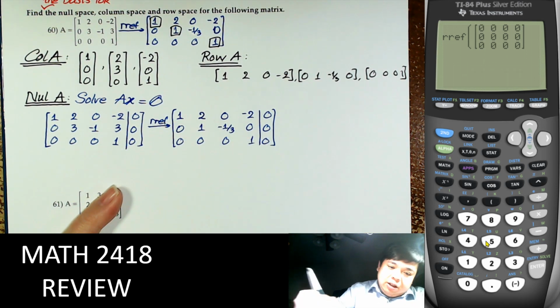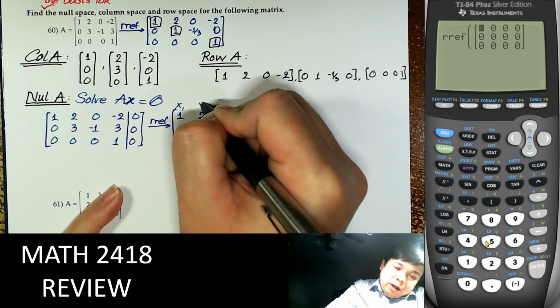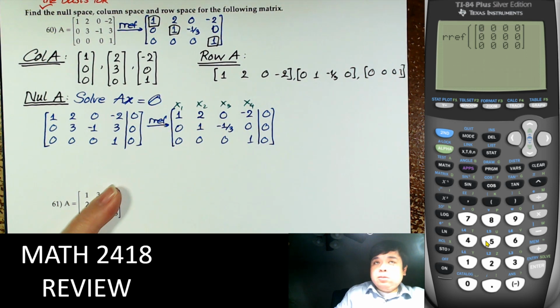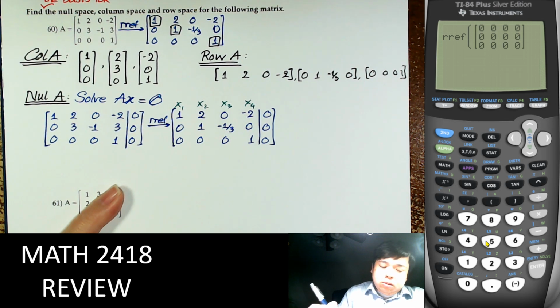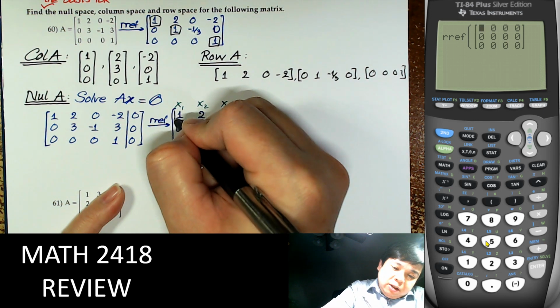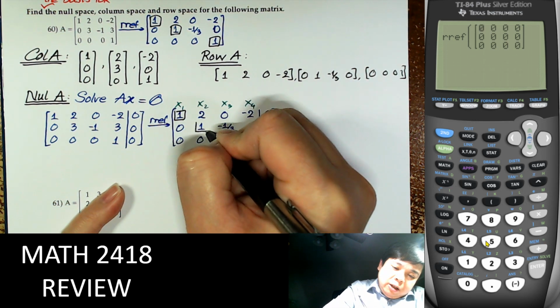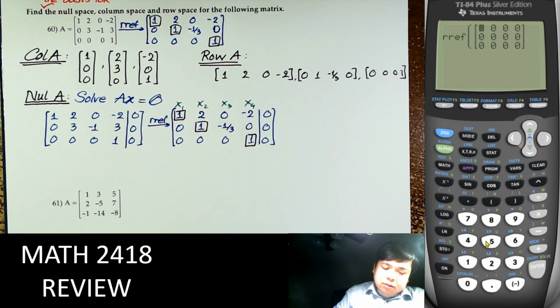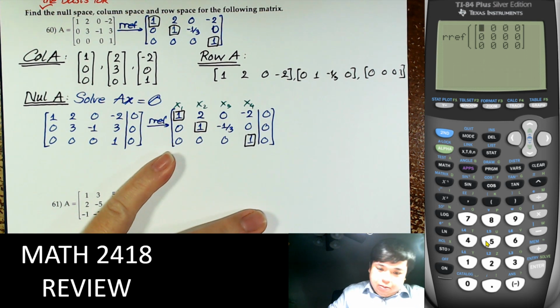So we solve for x. This is x1, x2, x3, and x4. The pivots are here, here, and here. So those are the pivots.